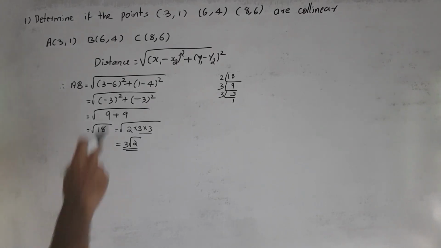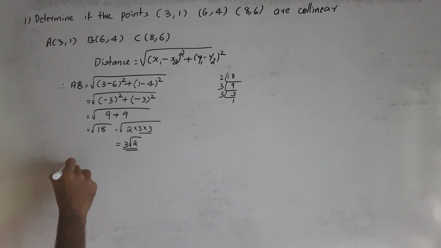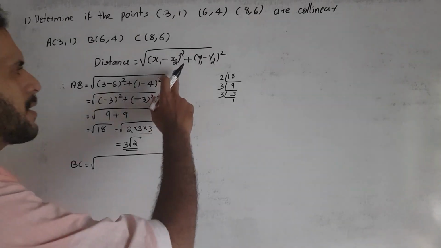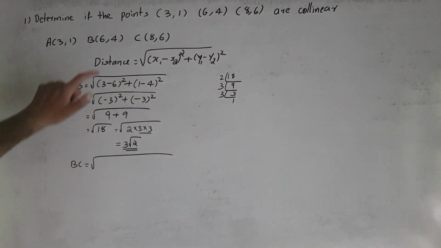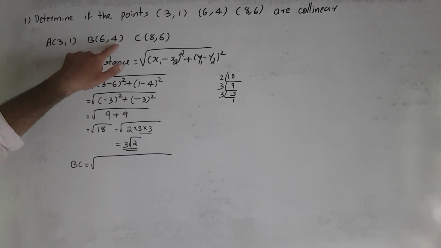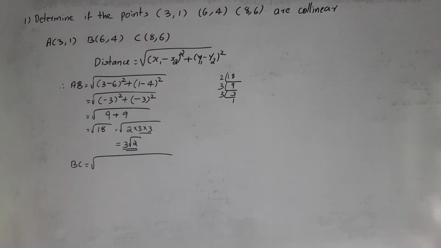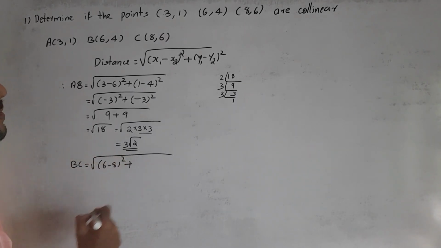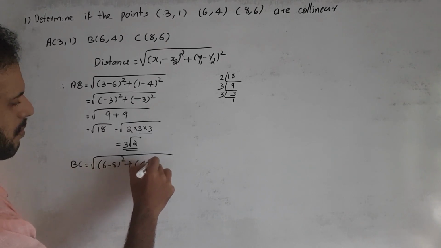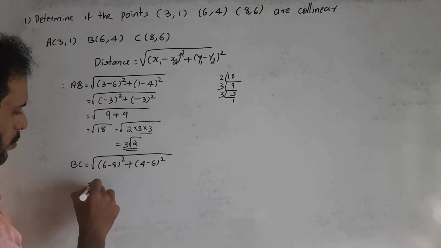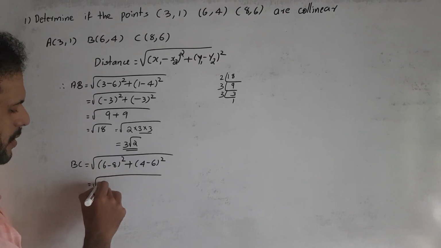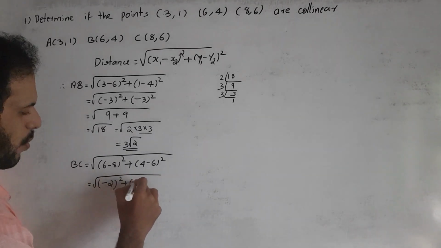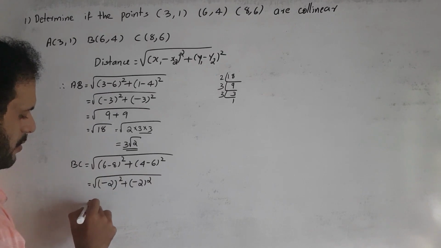Next we find the distance between B and C. BC is equal to root of, the equation is the same, (x1 minus x2) whole square plus (y1 minus y2) whole square. (x1, y1) is (6, 4), (x2, y2) is (8, 6). So it is root of (6 minus 8) whole square plus (4 minus 6) whole square, which is root of (minus 2) square plus (minus 2) square.